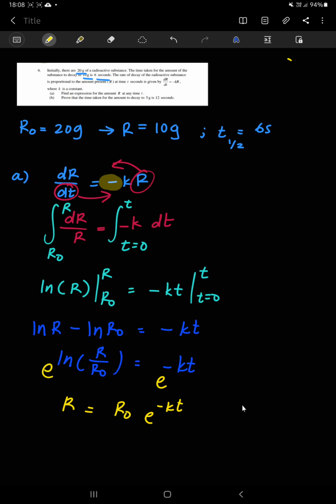Then we can find the value of k using this information. Because we know that R is 10, R0 is 20, and it occurs at 6 seconds.